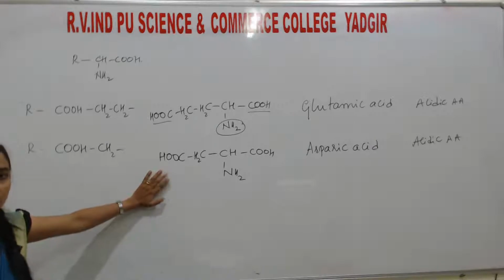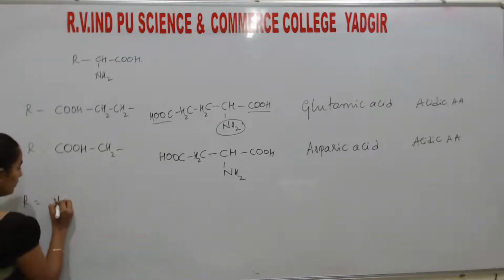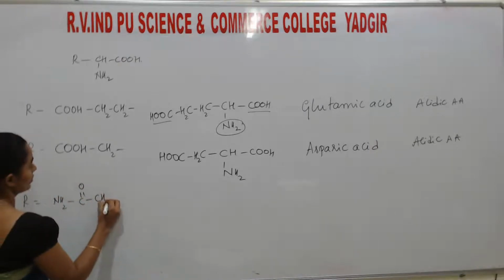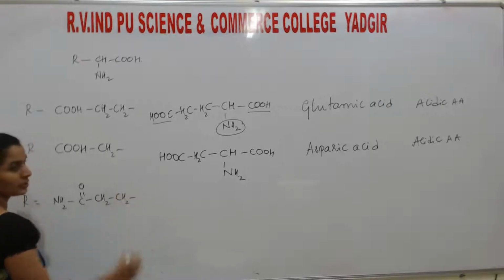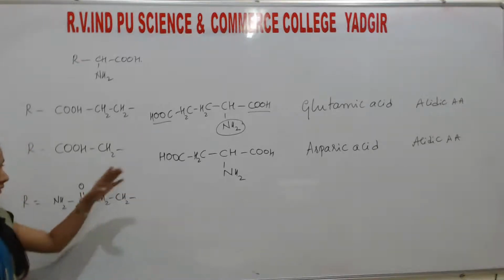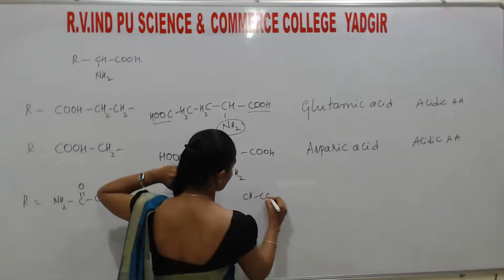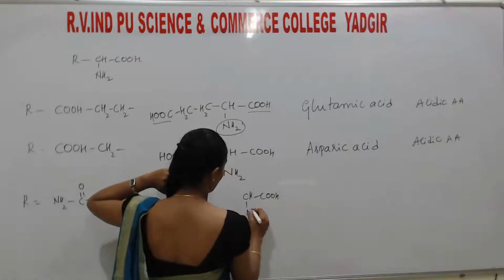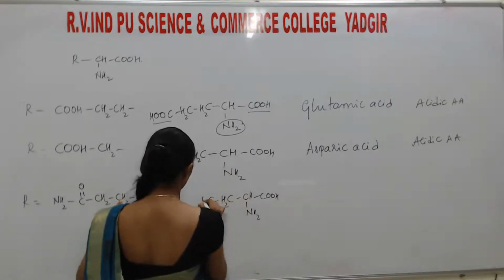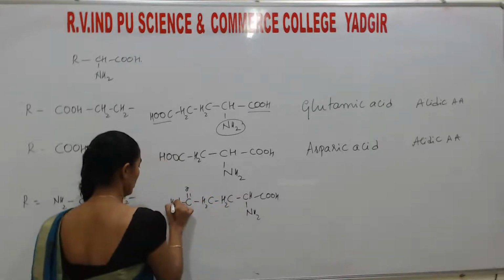Next one: the R group is NH2, C double bond O, CH2, CH2. If this is the R group, then the amino acid becomes: first we write CH, COOH, NH2, and then CH2, CH2, C double bond O, NH2.